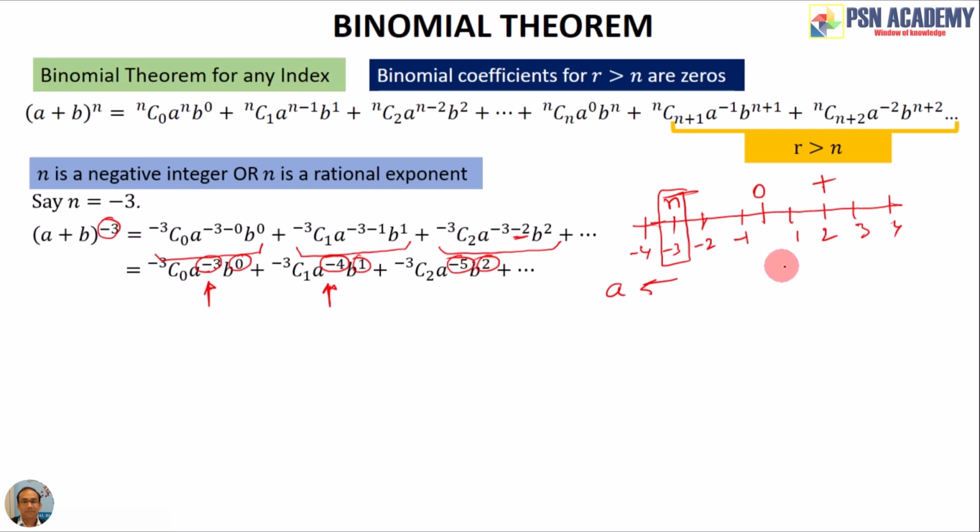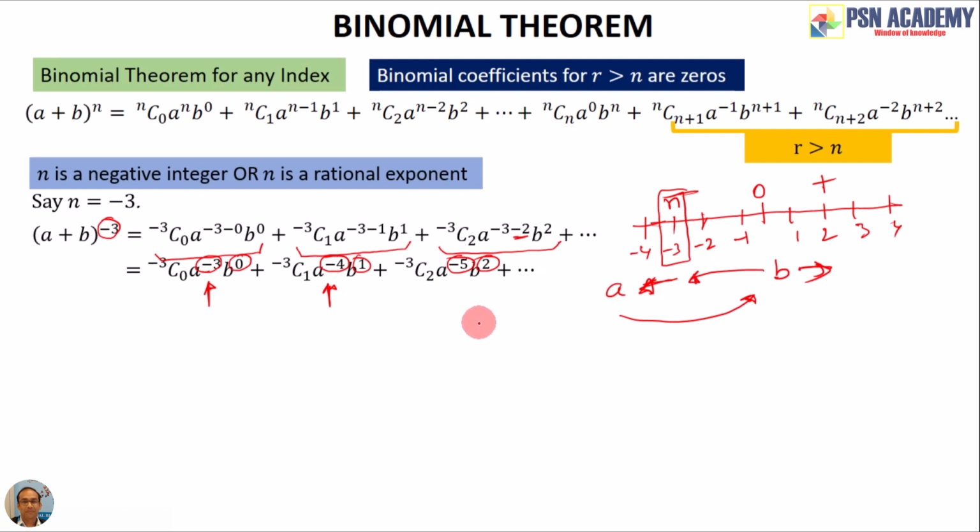That is positive side. That means b is moving towards this side. That means a should move towards 0, but it is moving away from 0. And b should move towards minus 3, but it is moving on the other side. This indicates that this expansion will never terminate. That means this expression will not converge.